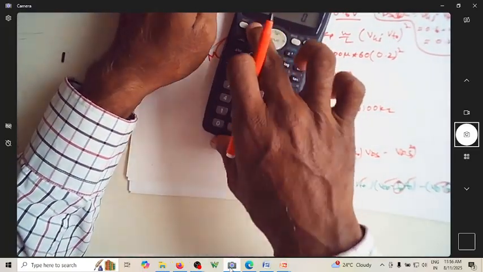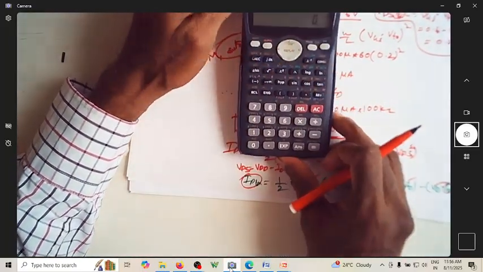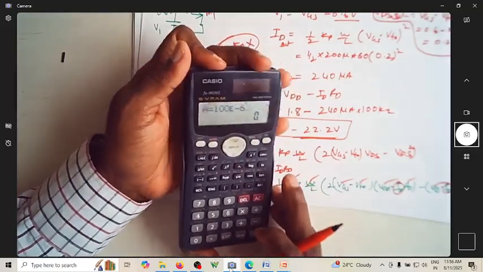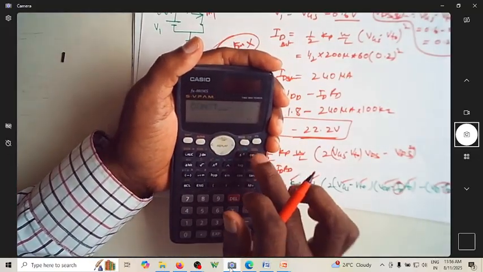So it is alpha A, alpha equals 100 exponential of minus 6. Okay, let me just redo it. Sorry.